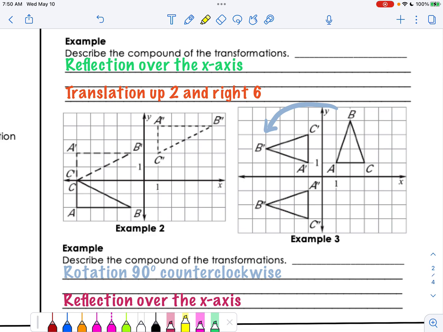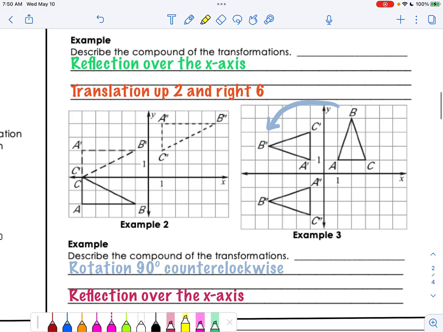Okay, let's go up to the top here. Another really important reason to pay attention to those marks is that these are given to us, we don't have to draw them, but they want us to describe. For this first one on the left, we look for those marks.